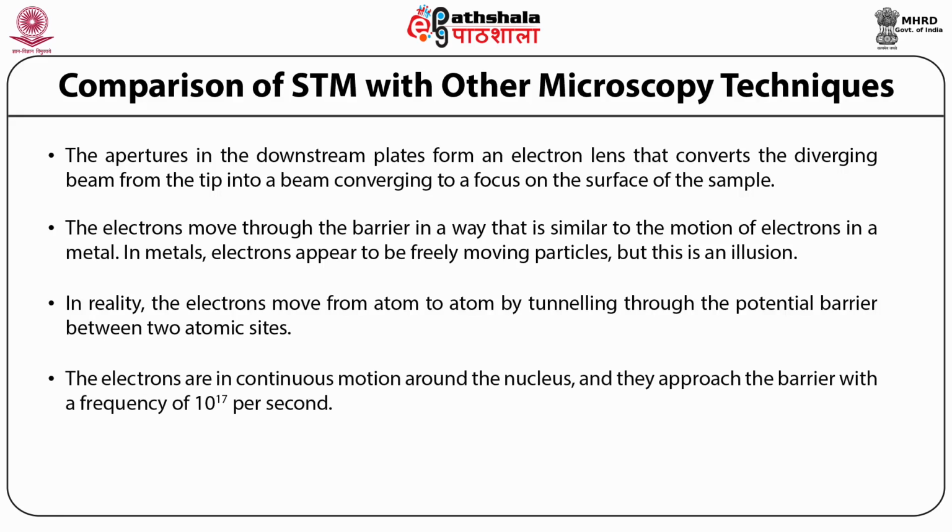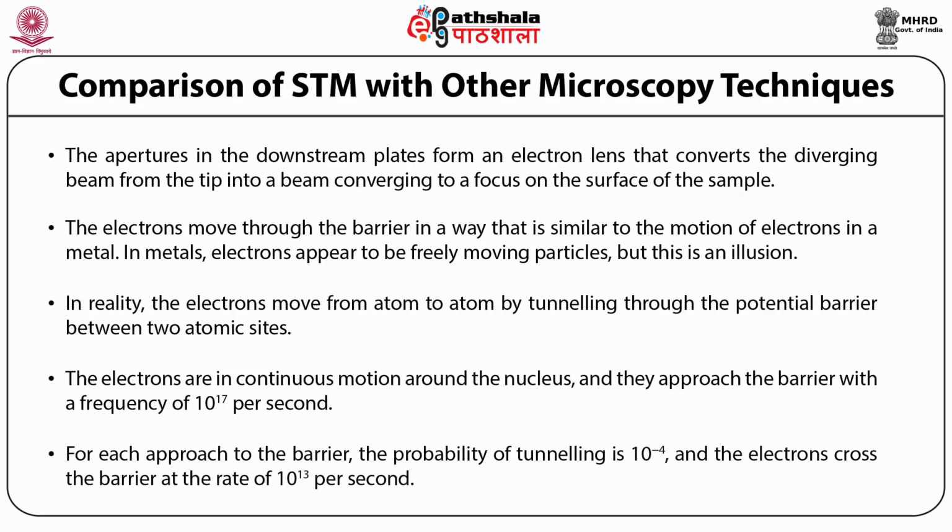The electron approaches the barrier with a frequency of 10^17 per second. For each approach to the barrier, the probability of tunneling is 10^-4, and the electron crosses the barrier at the rate of 10^13 per second.